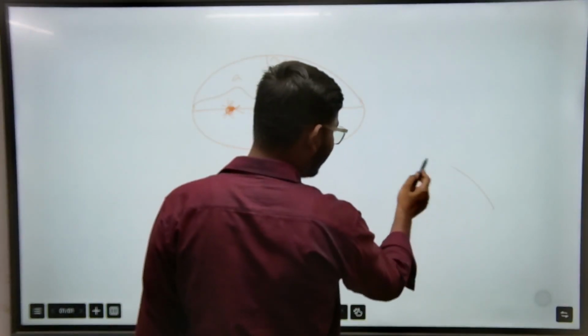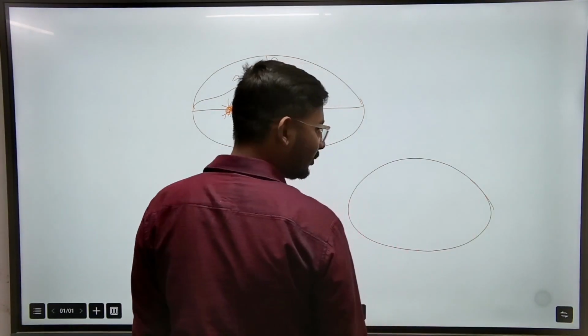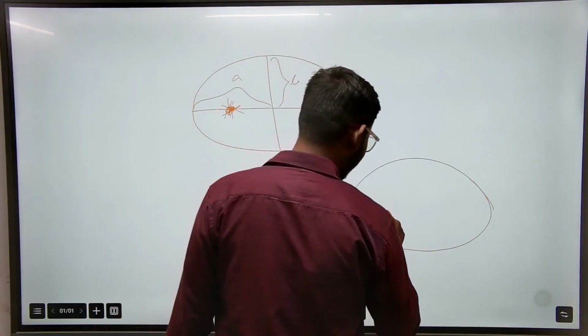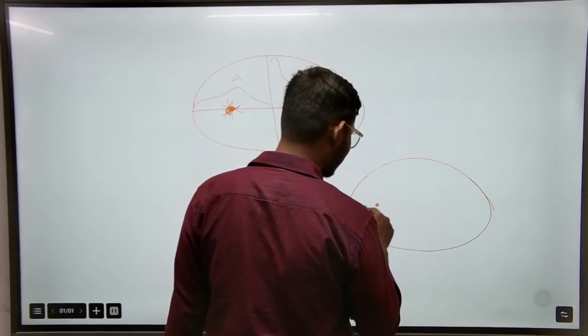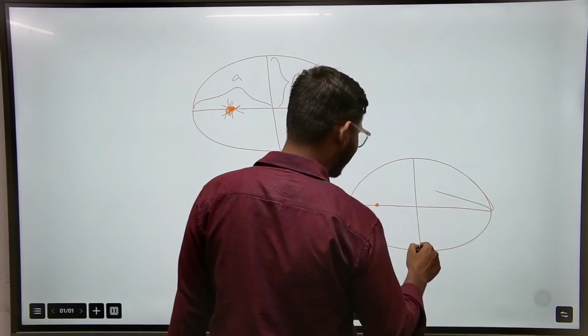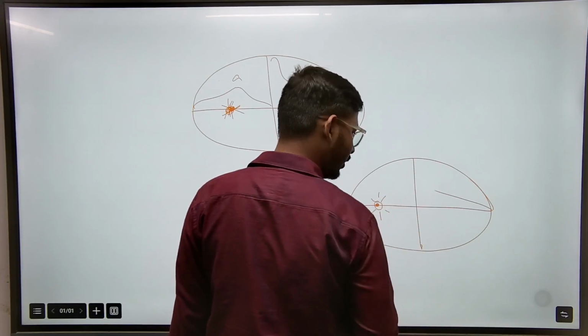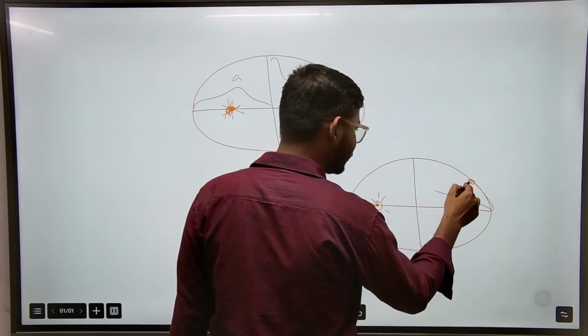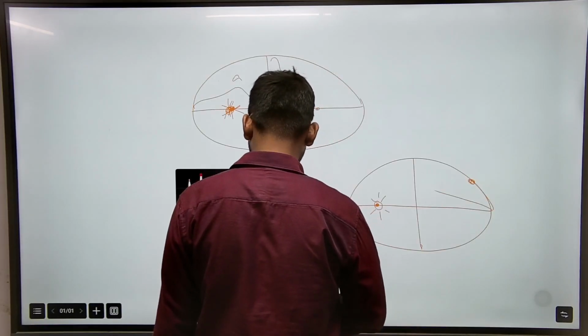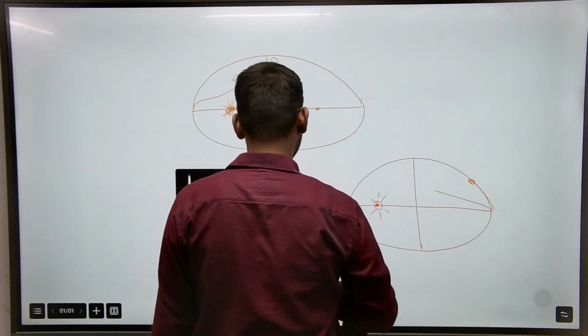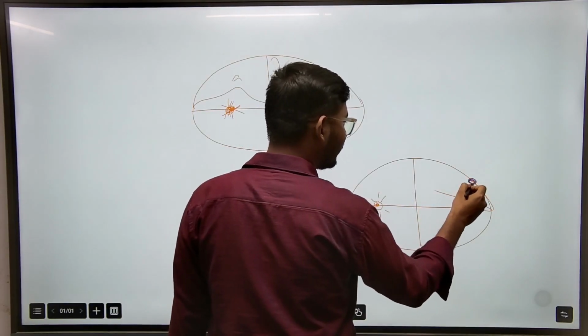So if this is the elliptical path, and sun is situated here, so this is the major axis, this is the minor axis, sun is situated here. Now let's say there is a planet, Earth is here.